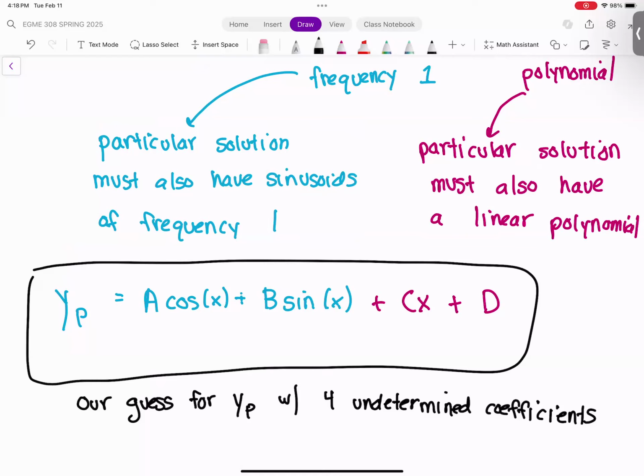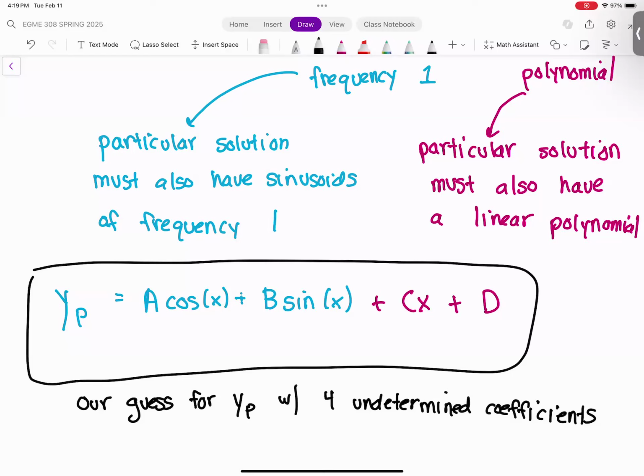Any questions on how we got those 4 terms in our guess? Okay. So that's the fun part. The fun part of this problem is coming up with the guess. The tedious part, or the not fun part, is actually solving for these coefficients.